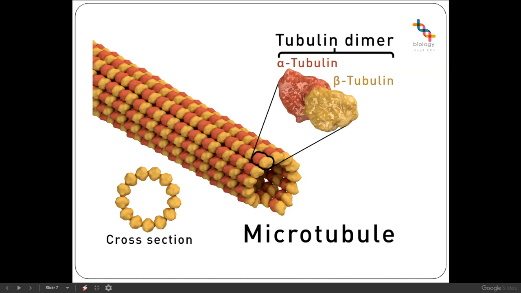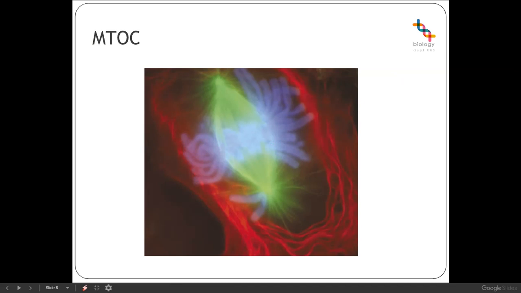cell division specifically. Now, microtubules are found in all eukaryotic cells, and they originate from the microtubule organizing center, known as the MTOC, or the centrosome. The centrosome, or MTOC, is found near the nucleus, and it contains centrioles, which are where microtubules are actually made within the centrosome.